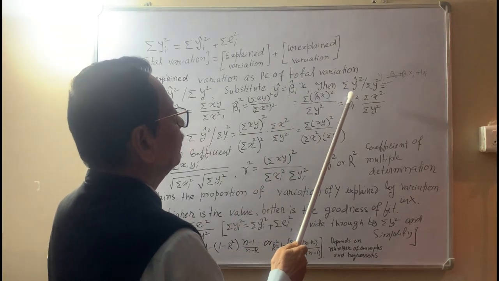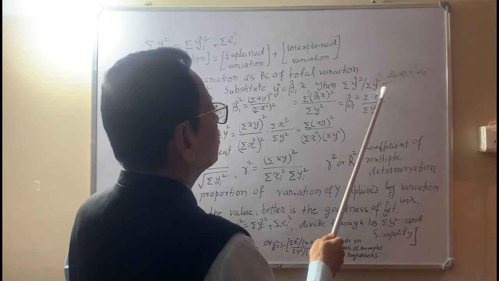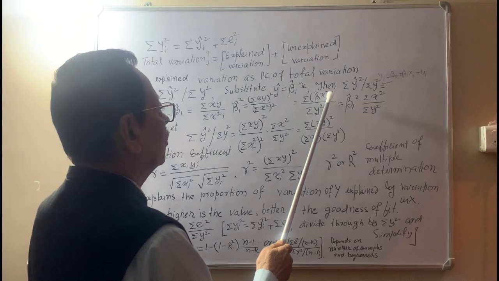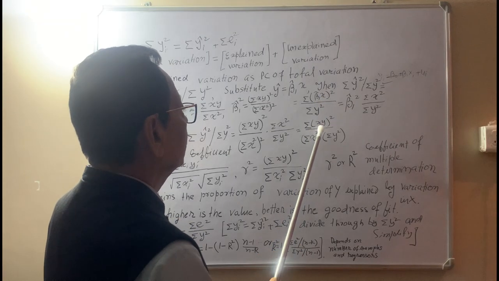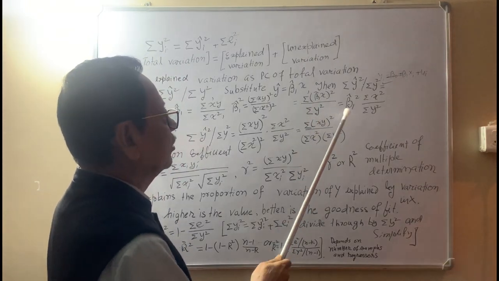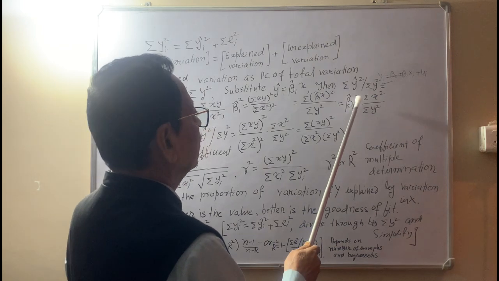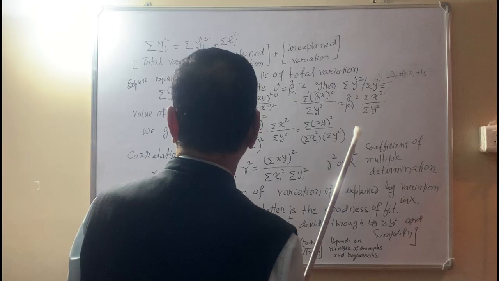Then summation estimated y square by summation y square is equal to summation beta 1 estimated square x square by summation y square. If you break it up, it is beta 1 estimated square into summation x square by summation y square.